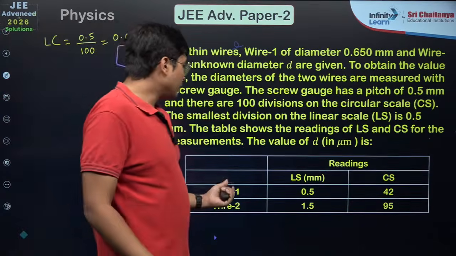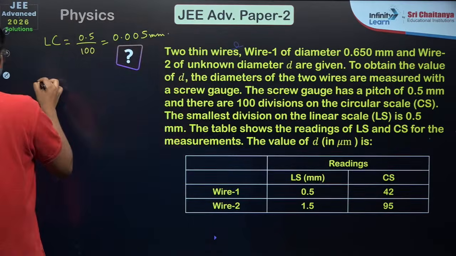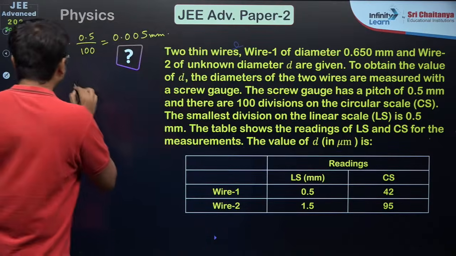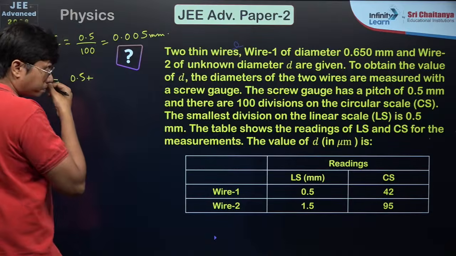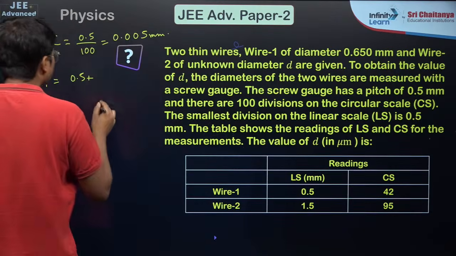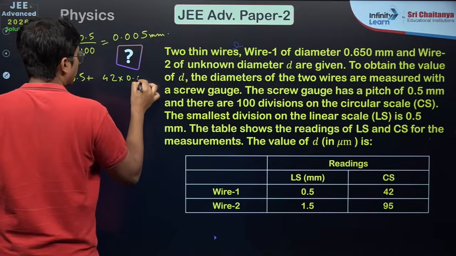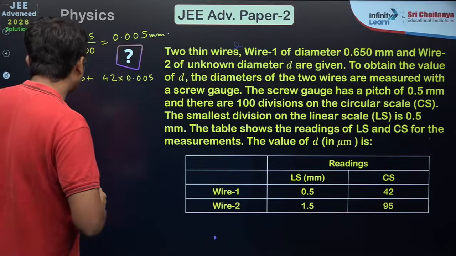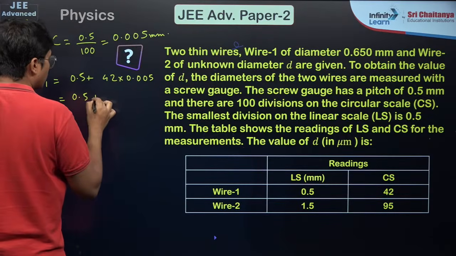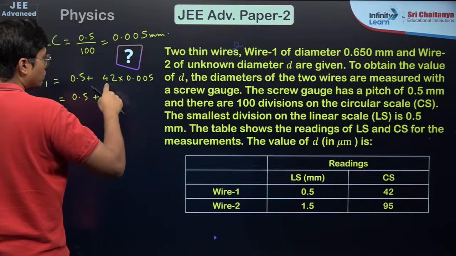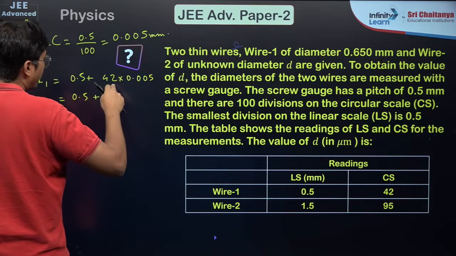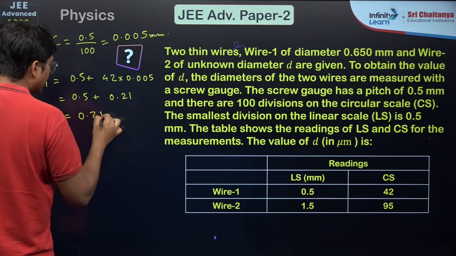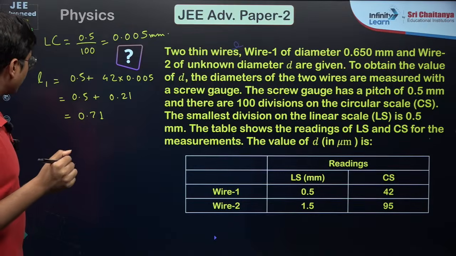Now let's look at the measured reading of the first wire. First wire is 0.5 plus over there 42 into 0.005, which makes it 42 is basically 21, right? So 42 into this, that's 0.5 is 21, that is 0.21, that makes it 0.71. Okay, did we do it correct?